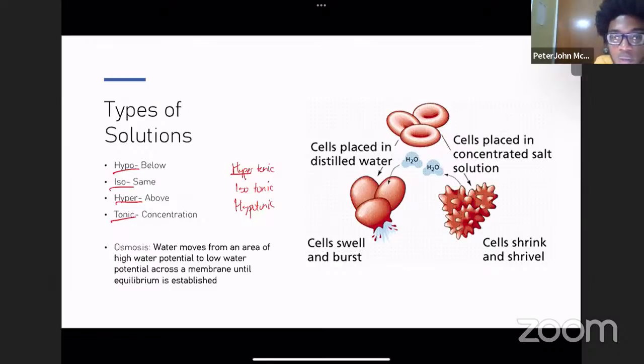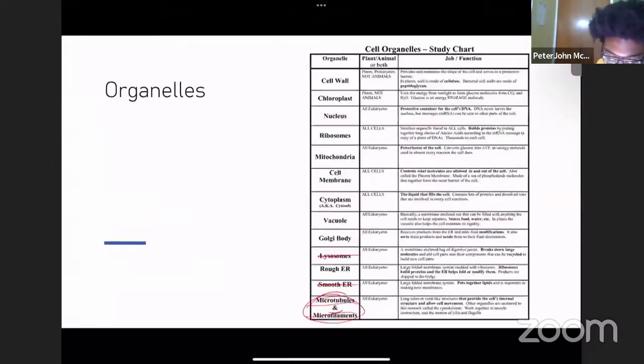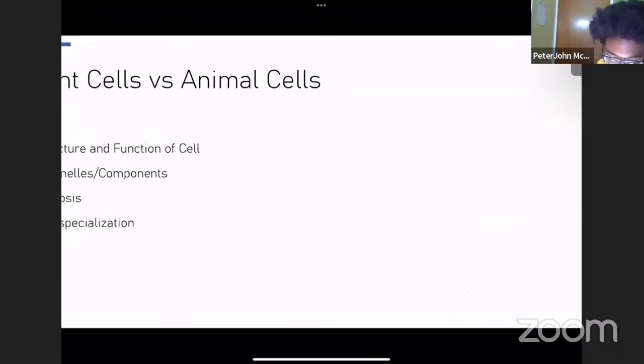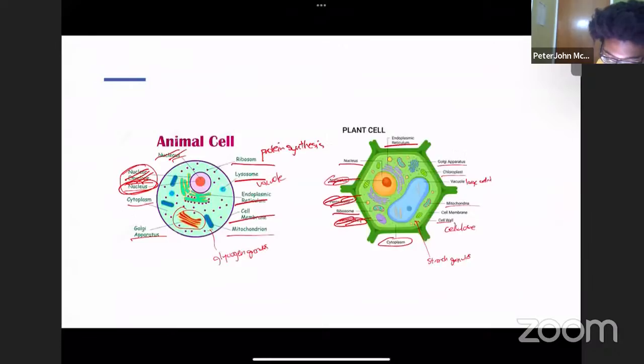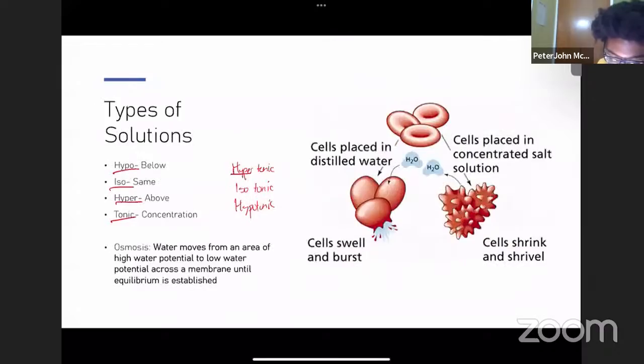So when we place, let's try the question on that. What happens when we place an animal cell in distilled water?